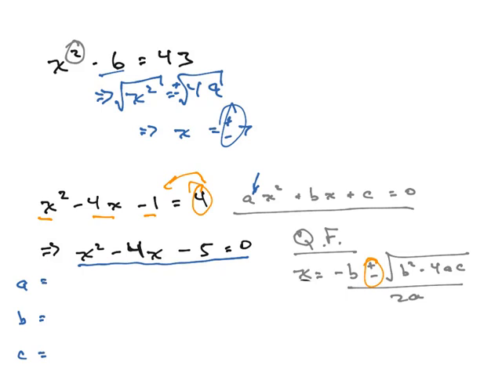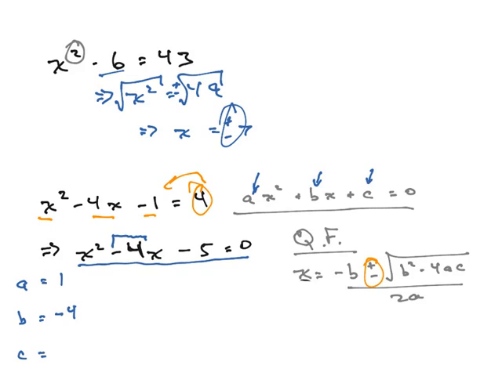So in this case, the coefficient in front of the x squared is 1. Just a 1 sitting there. B, that's the coefficient that's in front of the linear, the x. So for me, it's this term here, and that includes a negative. So it's minus 4.